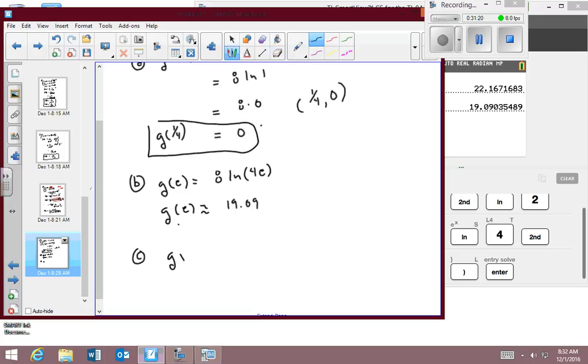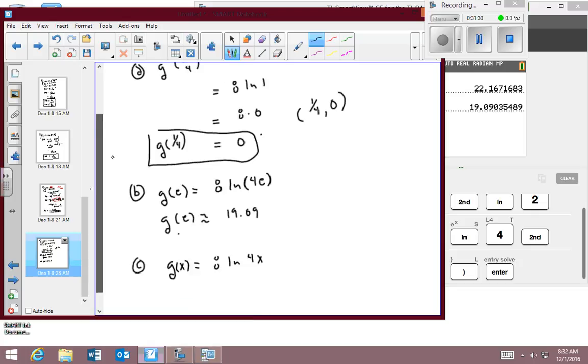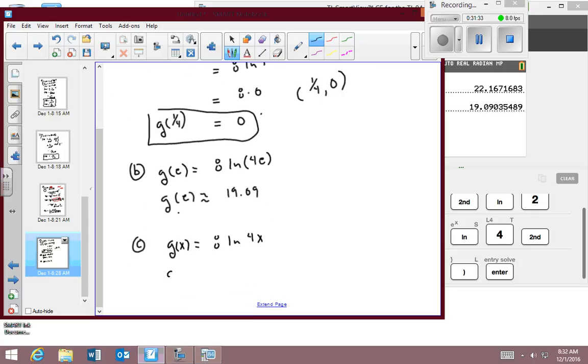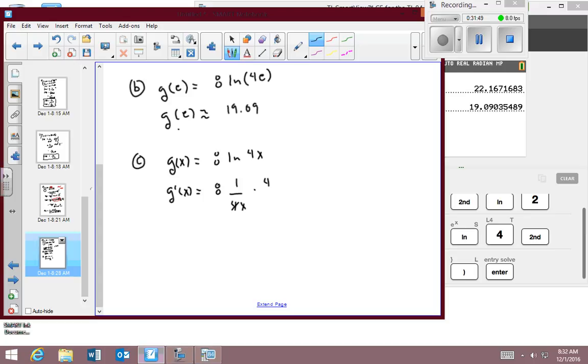This G of X equals 8 ln of 4x. Right? Now G prime of X is 8, 1 over the argument, divided by the argument. So this goes out. And I have 8 over X.